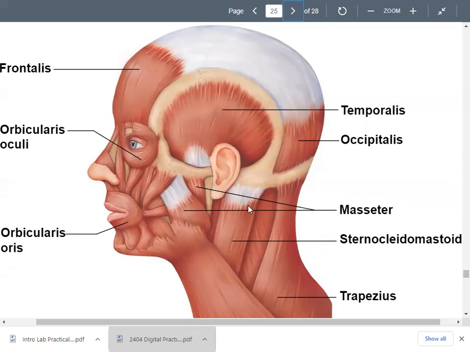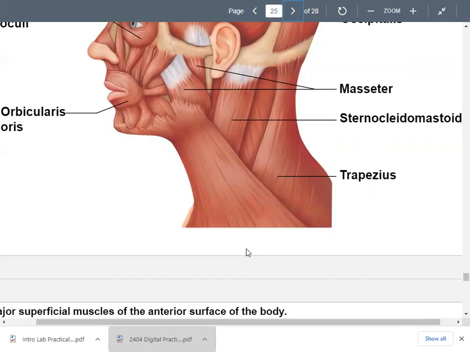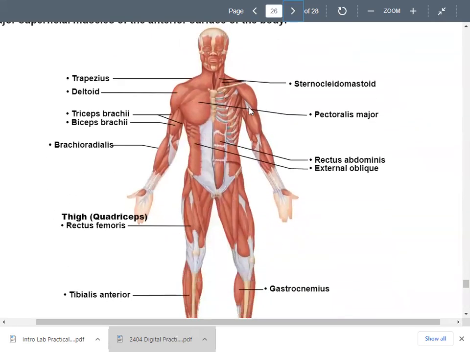The side of your neck, sternocleidomastoid. On the back of your neck, trapezius. All right, so you can see a bit of the trapezius here, your sternocleidomastoid. The chest, what's your major muscle here? Pectoralis major.